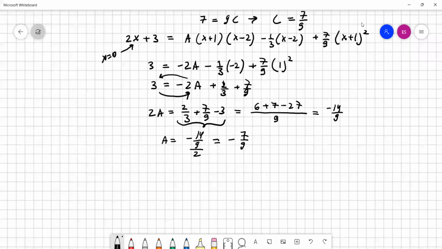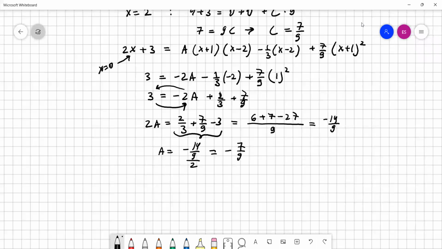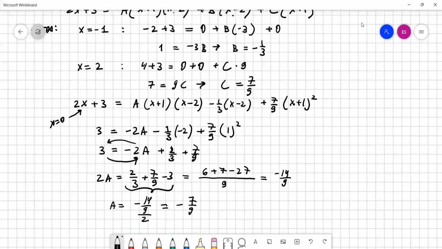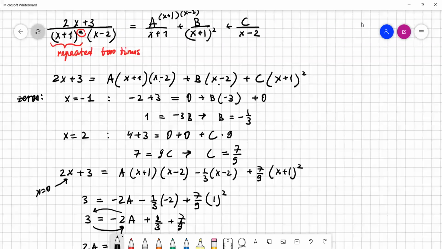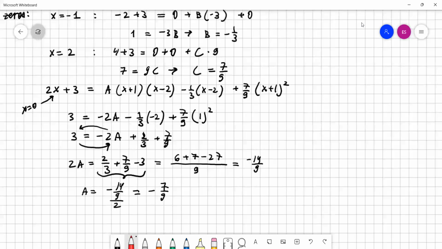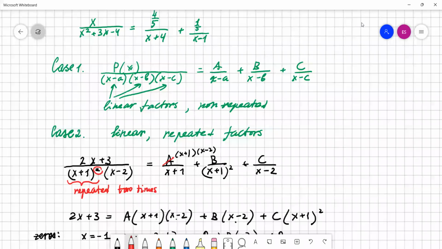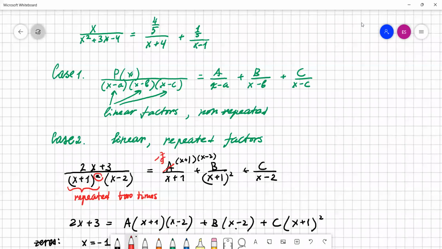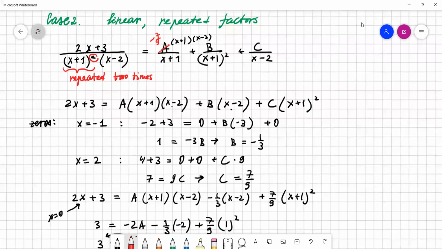Well, I got my fractions. Now I can write down my decomposition. Sorry, I moved it too far, and I don't remember the numbers. So my a is what? Again, minus 7 over 9. My b was minus 1 over 3.